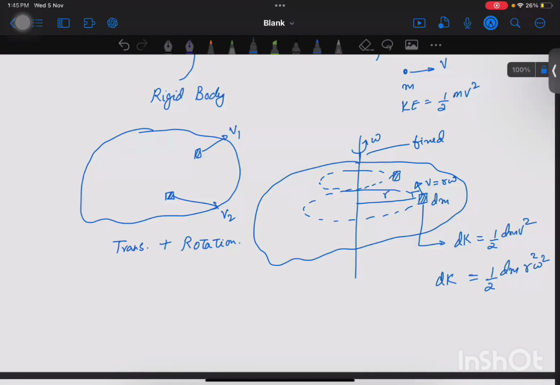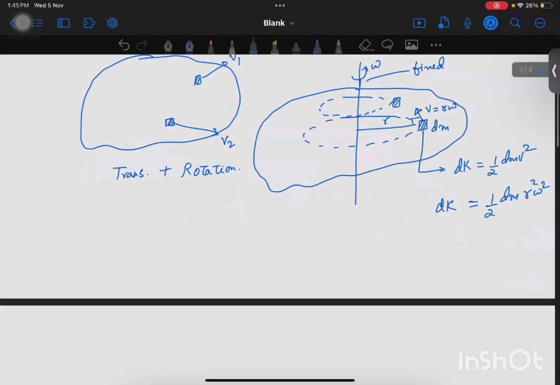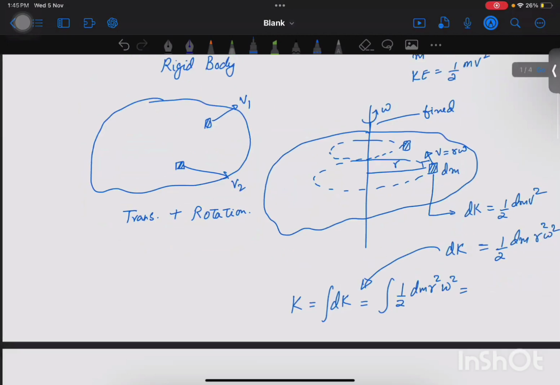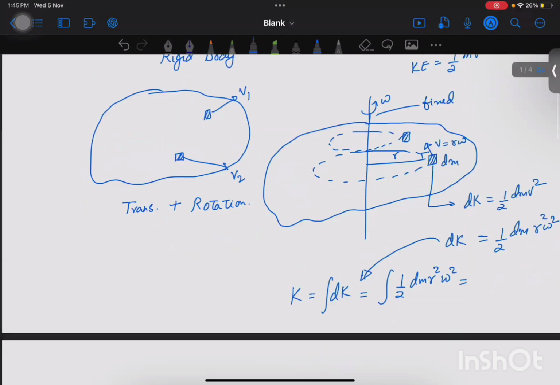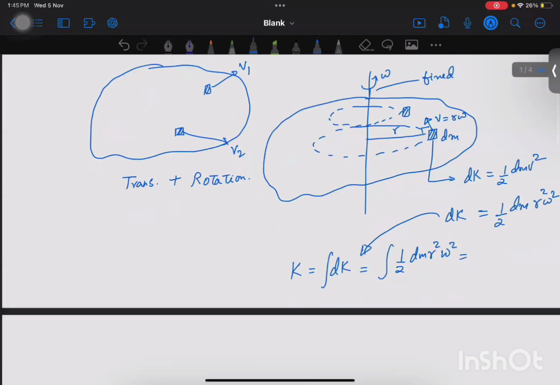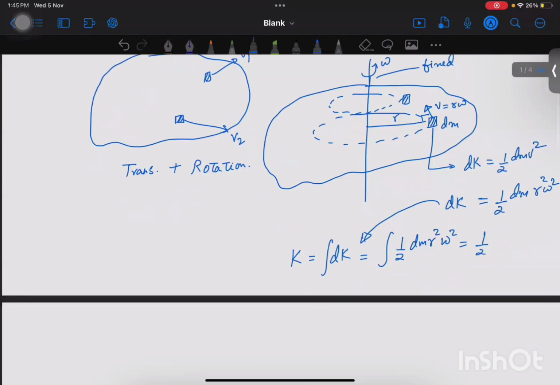So if this is the small amount of kinetic energy of this particle, then what's the total kinetic energy? Can we say the total kinetic energy is simply the sum of all the kinetic energy of the particles? Yes. Integral of half dm r square into how much? Omega square. Now omega is going to remain the same for this rigid body, right? So can we write this as half of integral dm r square multiplied by omega square?